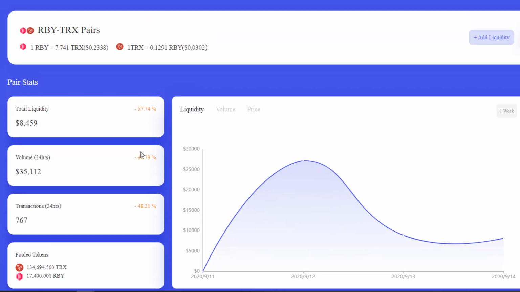And this is a perfect example of a yield farming project going wrong. I'll tell you why. Look at the liquidity. There's only 8,000. Okay, it went up to 27,000. Obviously, someone got greedy. It's just dumped.